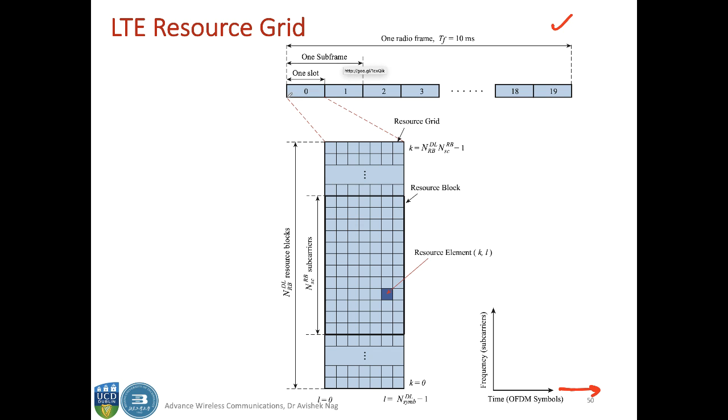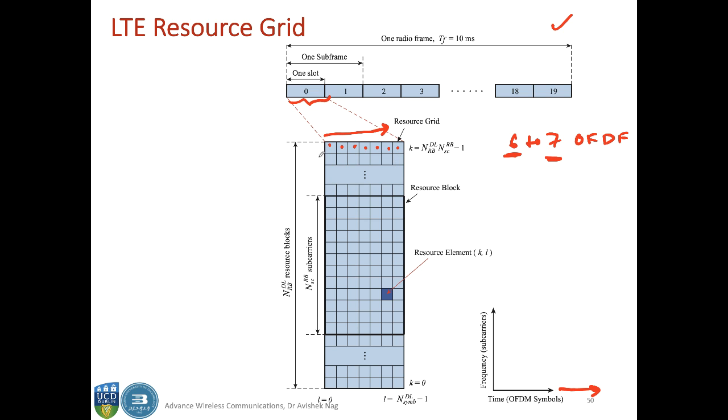Each slot within a radio frame corresponds to the x-axis of the resource block. So you can have 1, 2, 3, 4, 5, 6, 7, so between 6 to 7 OFDM symbols on each of this time axis. If it is an extended cyclic prefix, then you have 6. If it is a normal cyclic prefix, you have 7.